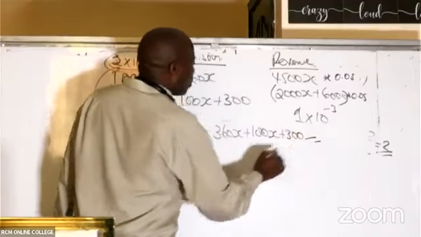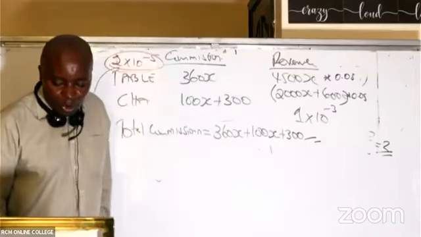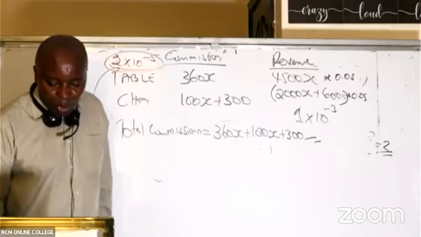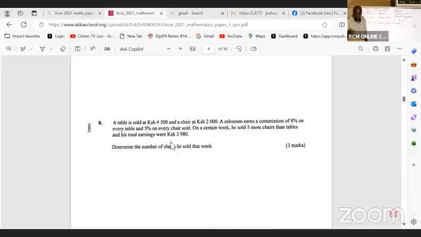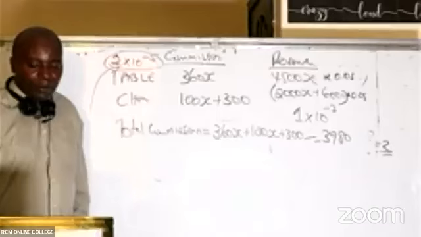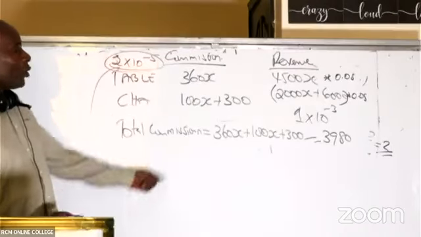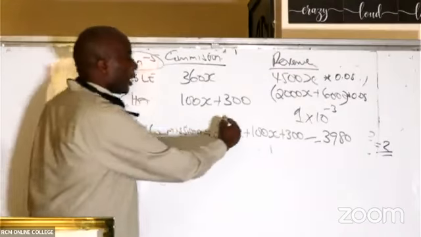They have told us here that on a certain week, he sold 3 more chairs than tables, and his total earnings were 39.80. Now from there, go ahead and put together those terms that are like each other. Our aim is to get the number of chairs. First of all, we shall get X. So this is a like term to this.